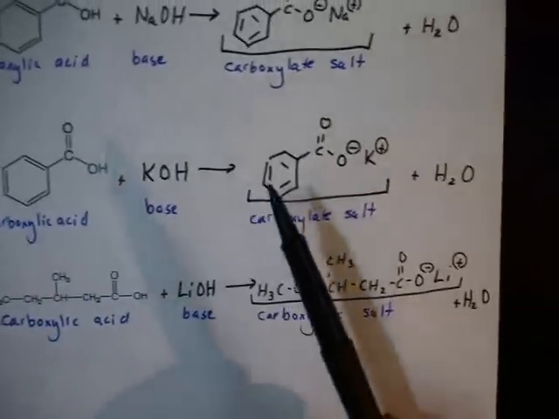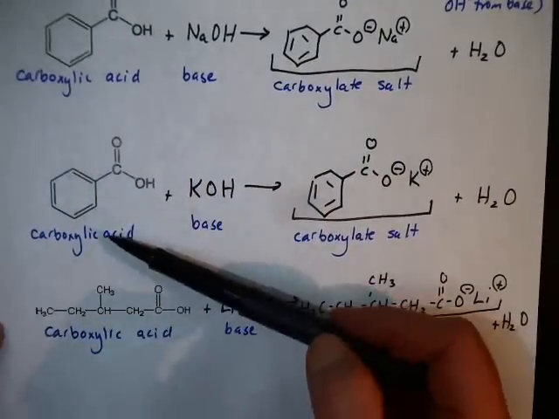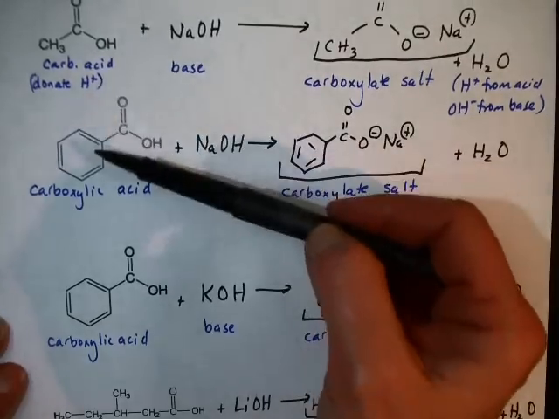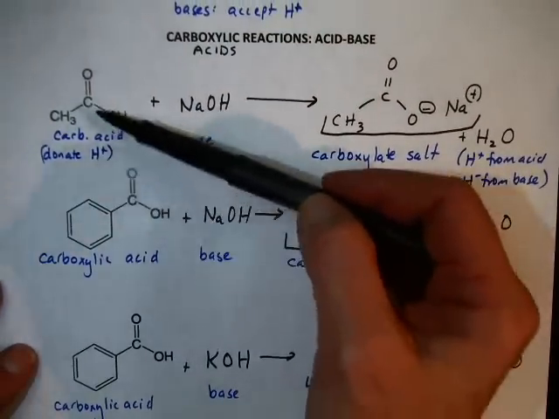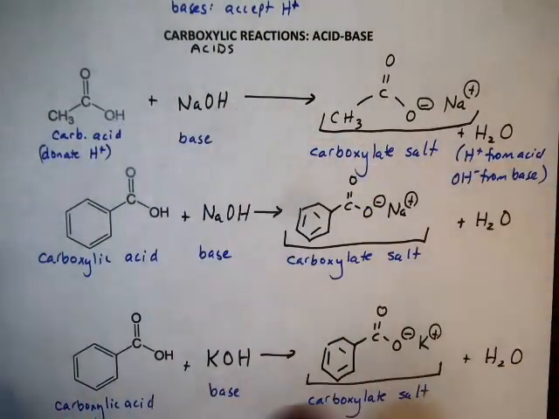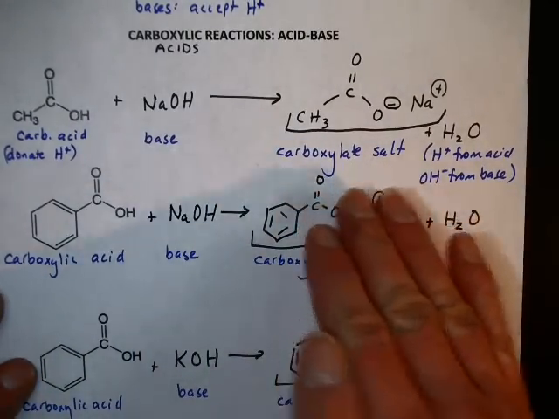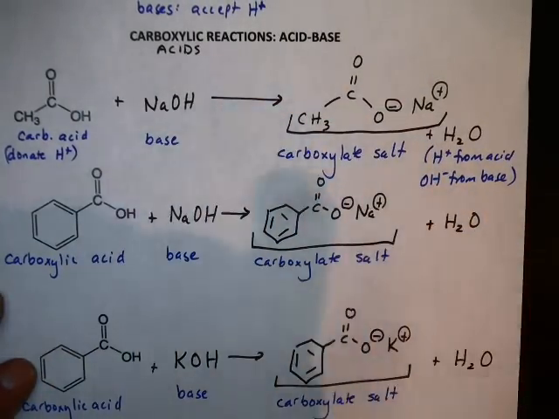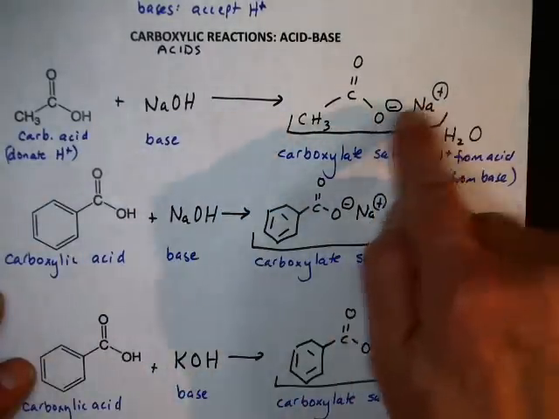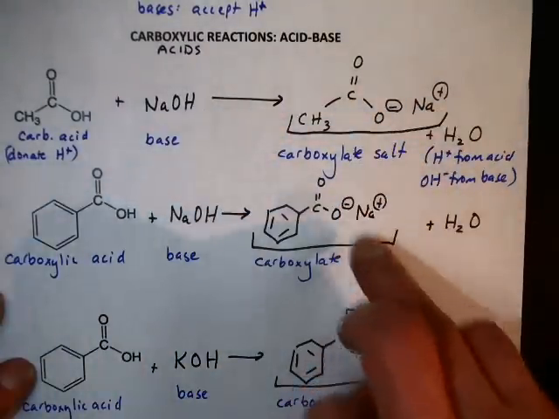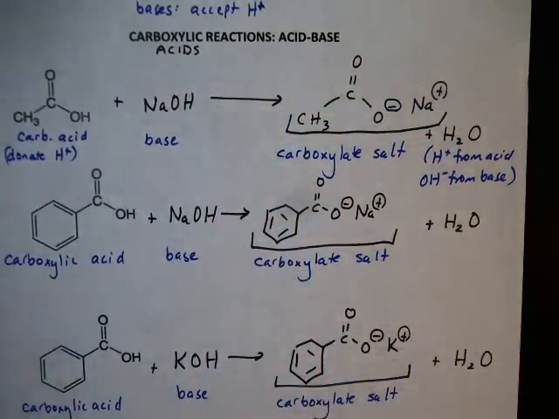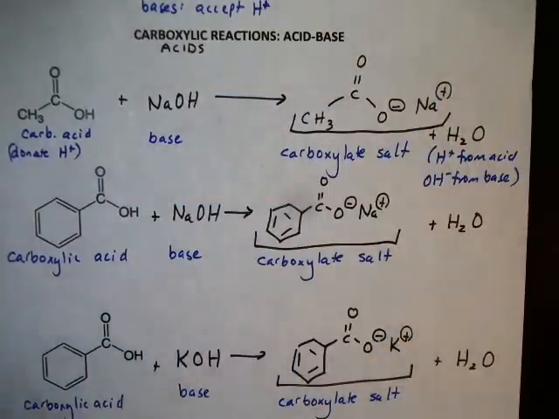With carboxylic acids, some are water soluble, some are not. The way you find out is by determining polar, nonpolar. But carboxylate salts are not polar or nonpolar. They're neither because they're ionic. Ionic compounds like this, all these carboxylate salts are water soluble, all of them. Carboxylate salts are all water soluble.